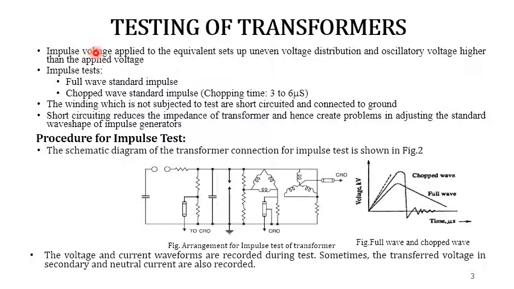Impulse testing of the transformer is done with both the full wave standard impulse and the chopped wave standard impulse of time duration 3 to 6 microseconds.